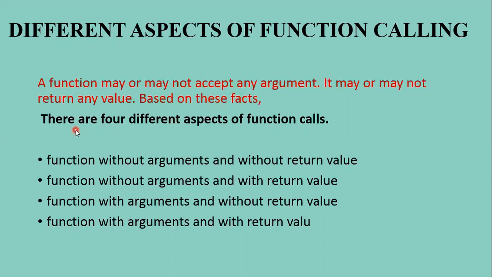Here you can see the aspects. There are four different aspects of function calls. This is very important. First one, function without arguments and without return value: I am not passing any kind of inputs, and without a return value, I am not taking any kind of outputs.